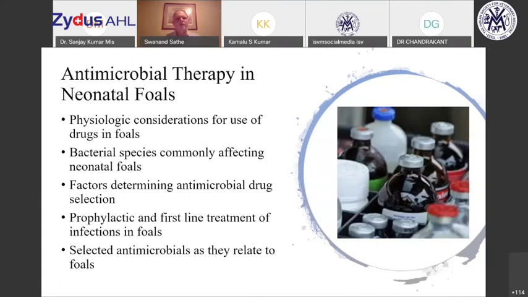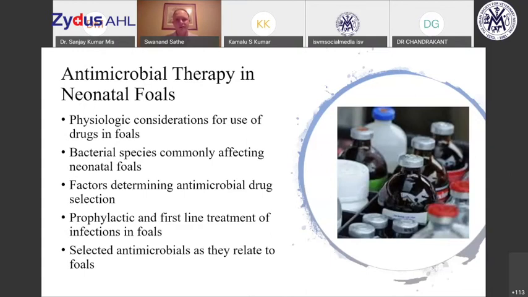So we'll start with antimicrobial therapy in neonatal foals. We have differences between the neonates and adults, so we have to consider those differences when using drugs in foals. There are certain bacterial species that commonly affect neonatal foals.